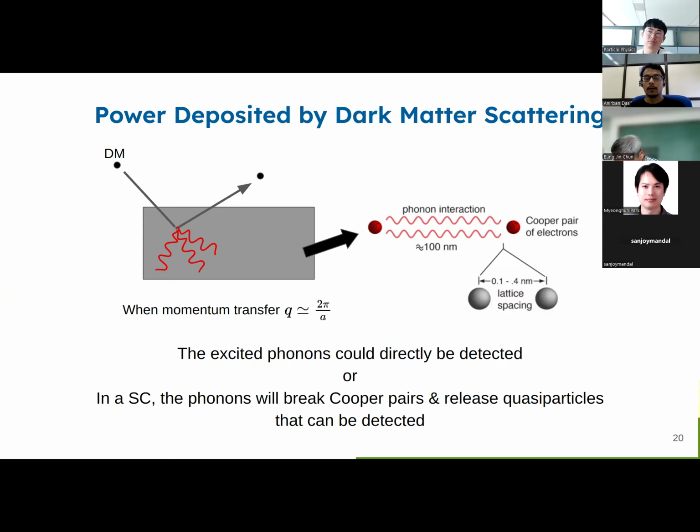So we have to first excite phonons because if dark matter primarily interacts with the lattice sites or the nuclei, then the phonon excitation is the primary collective excitation. Once phonons are excited, these athermal phonons can interact with the Cooper pair and break them and release quasi-particles.